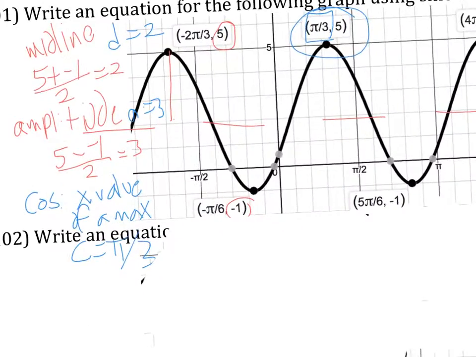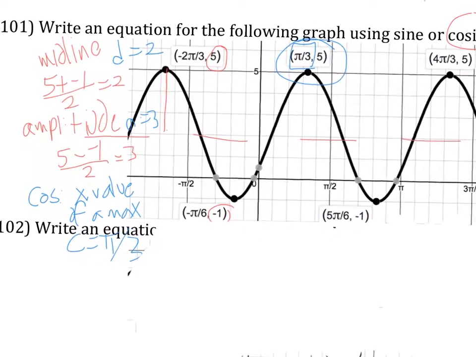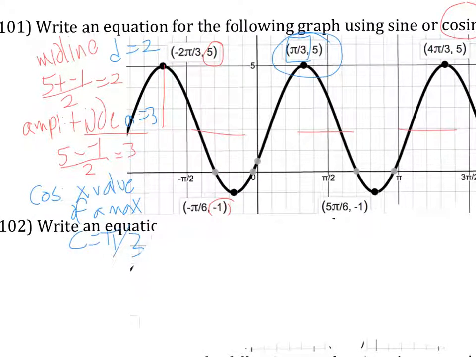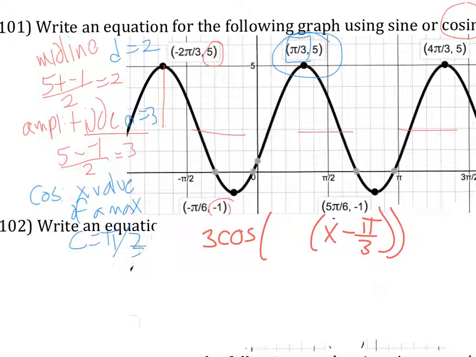Zoom back in. Okay, so so far our equation is going to be 3 cosine, we don't have a period yet, x minus pi over 3, and then plus 2.